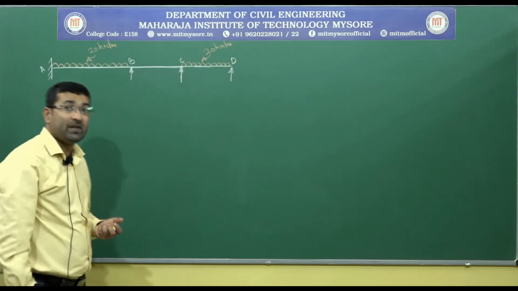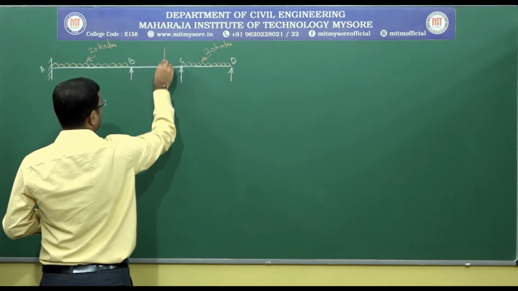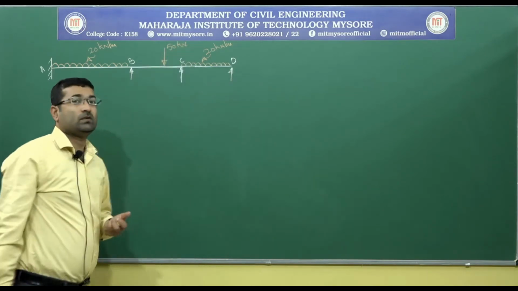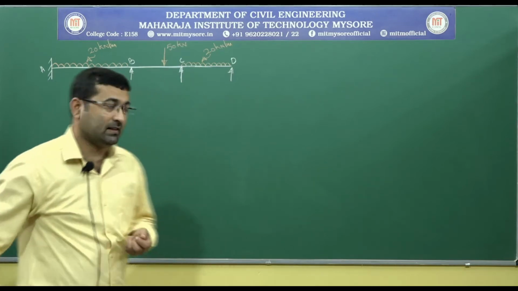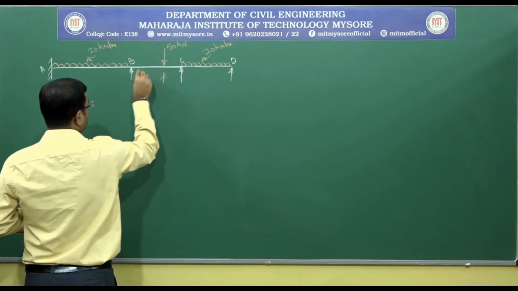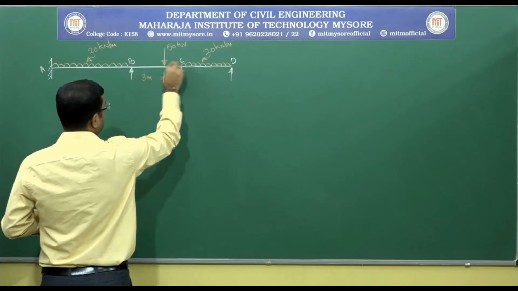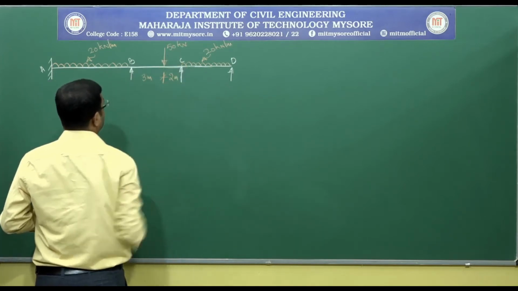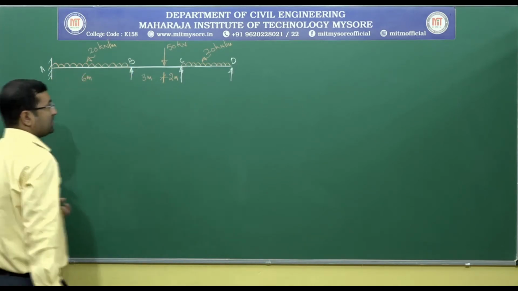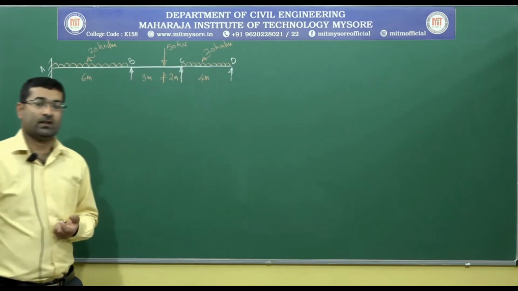On span BC, we have a concentrated load of magnitude 50 kilonewton, but this 50 kilonewton is not acting exactly at the center, it is acting at some distance. From A, the point load is at a distance of 3 meter, from C it is at a distance of 2 meter. The span AB is about 6 meter, and the span CD is about 4 meter.